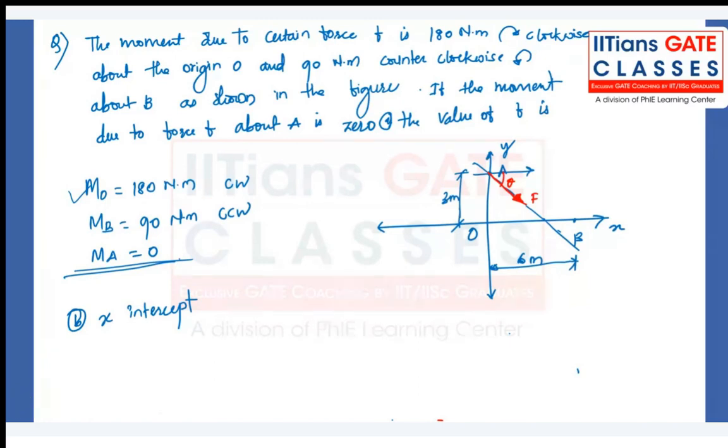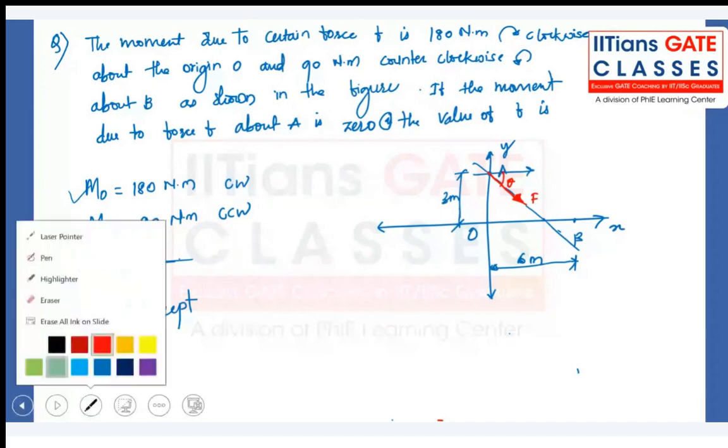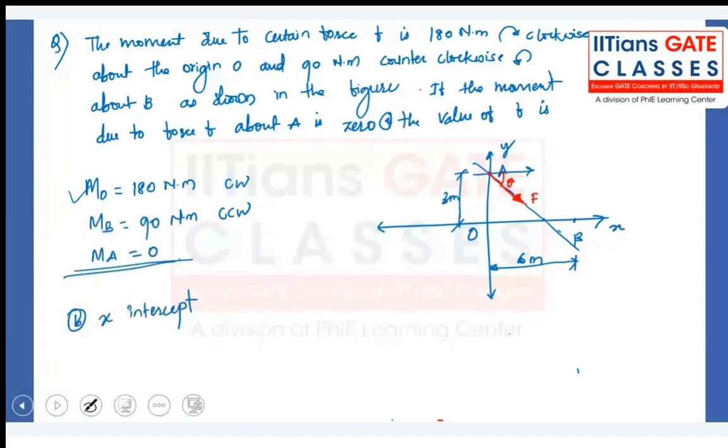What will be the components of this F? The horizontal component will be F cos theta. The vertical component will be F sine theta. This 180 Newton meter about origin will be because of the horizontal component only, right? So the F cos theta, or the horizontal component, let's call it Fx, and this Fy. So I can say it as Fx into 3 is equal to 180.